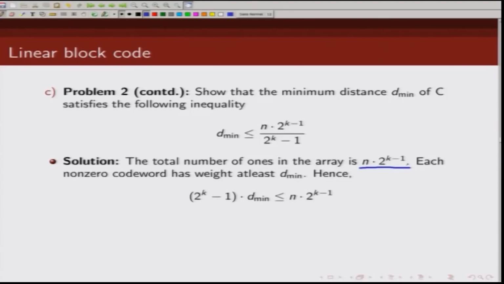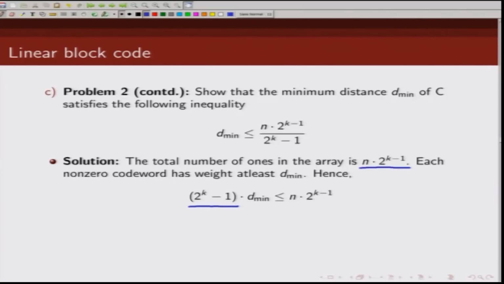Now, since each non-zero code word will have minimum distance at least d min, and how many total code words do we have? 2 raised to power k. One of them is the all-zero code word. So, how many non-zero code words do we have? That is given by 2^k minus 1, and each of these non-zero code words has minimum distance at least d min.